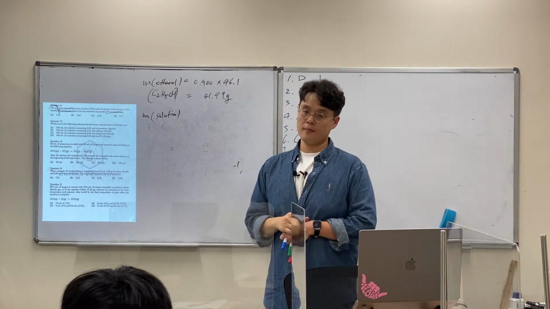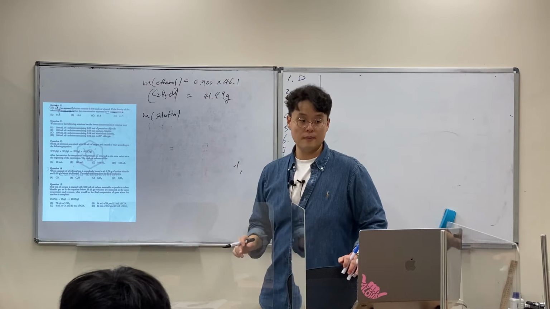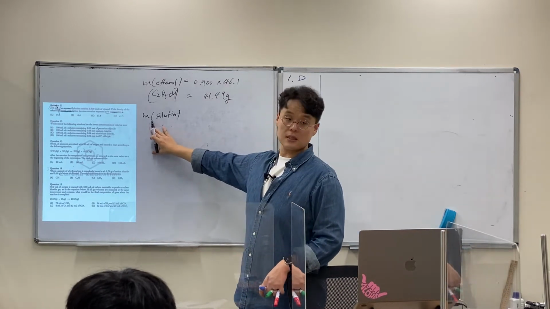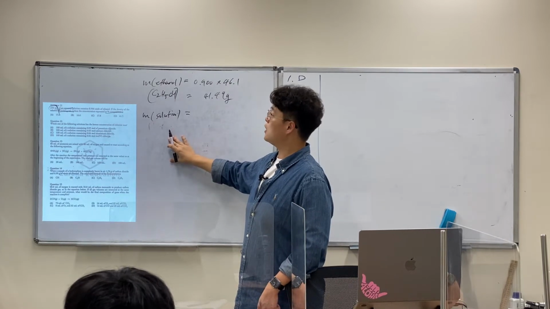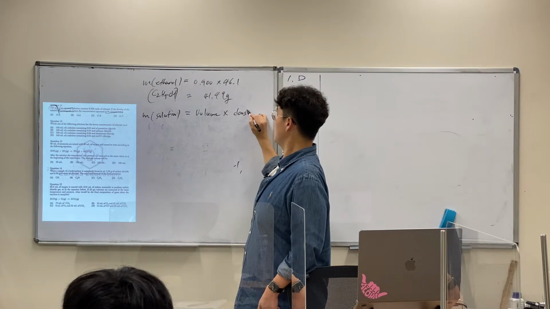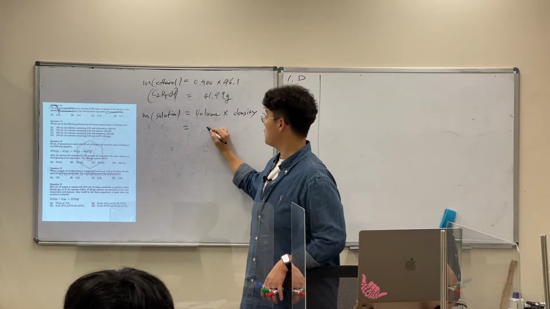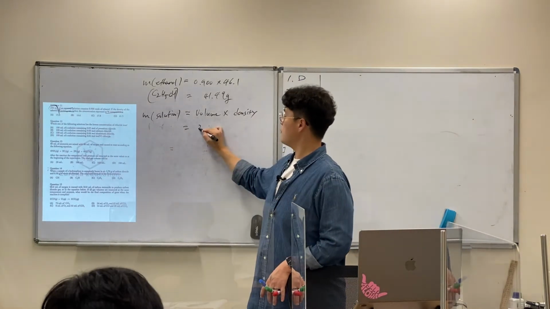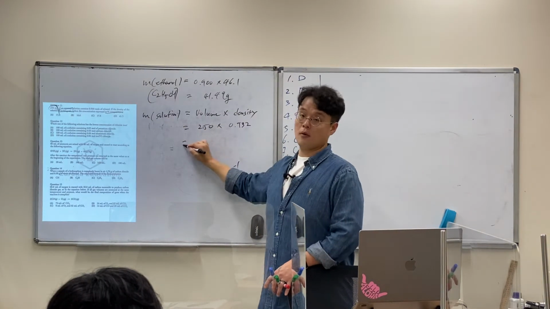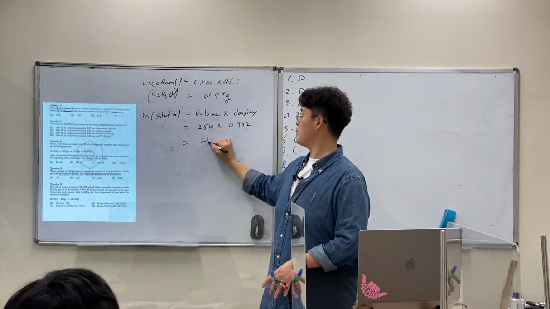The mass can be found from the volume times the density. The volume is given as 250, and make sure you follow the unit, 250 times the density, which is 0.932. Then you'll get the mass of the solution as 233 grams.